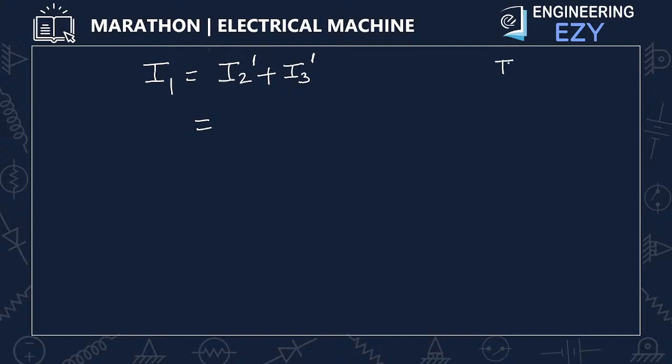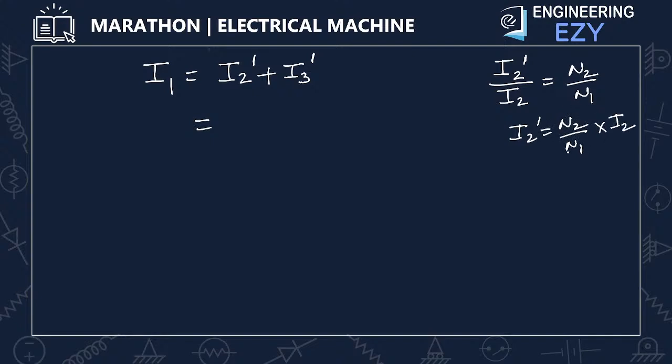So I2 dash, the current referred to the primary side, divided by the secondary current is equal to N2 by N1. Because I2 dash is the secondary current referred to the primary side, it can be written as I2 dash is equal to N2 by N1 into I2.